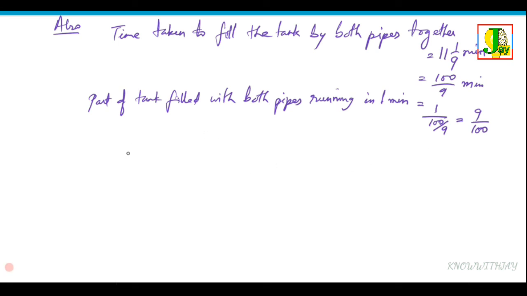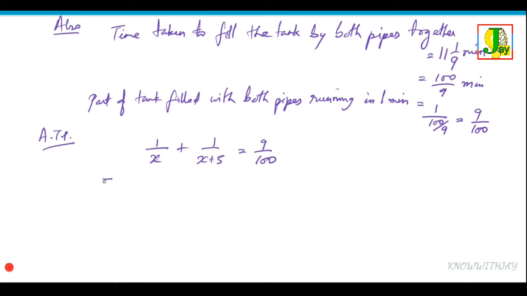Now as we can see from the previous expression, according to the problem those two conditions are equal. So 1 by x plus 1 by x plus 5 equals 9 by 100. So I got our expression for the given question.